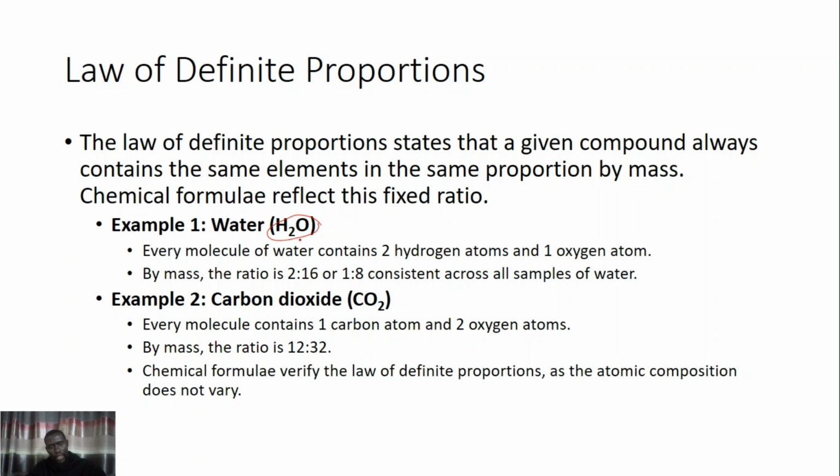Now another example is carbon dioxide. Wherever you get carbon dioxide from, whether from the air or from the decomposition of calcium carbonate, wherever you got it from, it is usually combined in a fixed ratio.